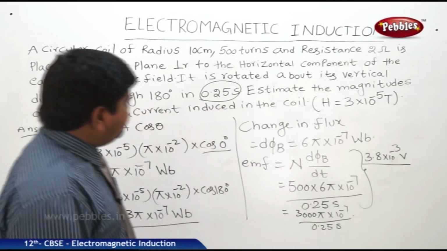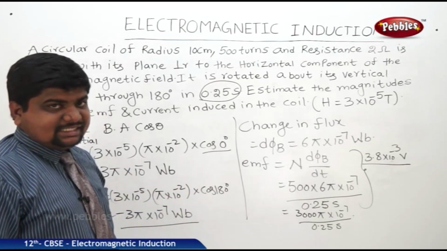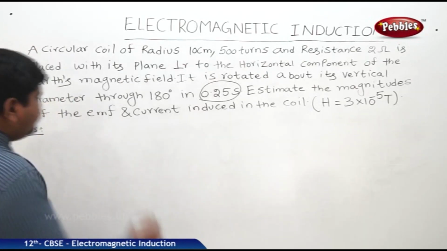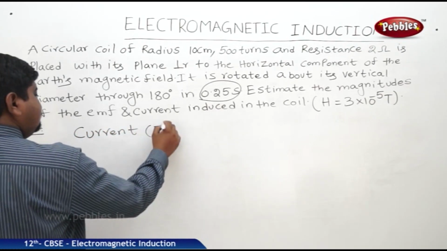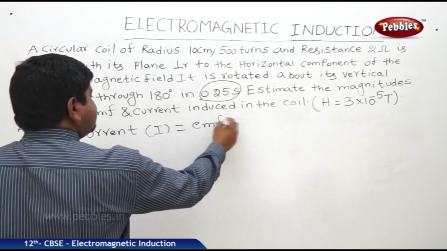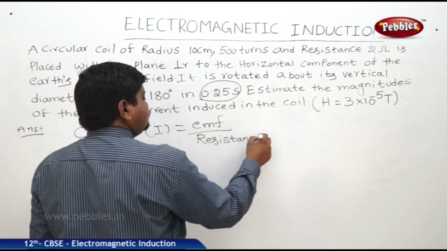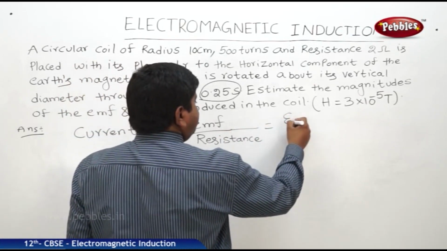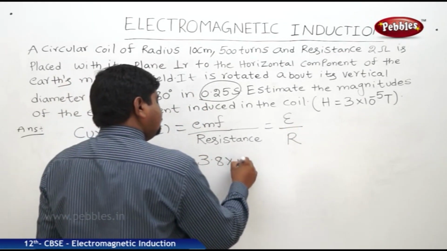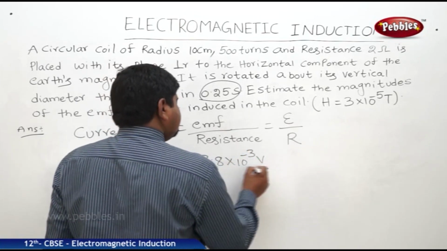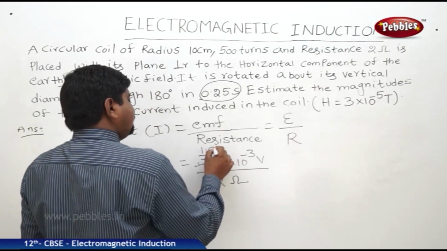That is EMF. But not only EMF, we should find out the current also. What is the current? EMF by resistance. So the solution will be like this. Therefore, current I is equal to EMF by resistance, E by R. E value we got 3.8 into 10 to the power of minus 3 volts by resistance 2 ohms. 3.8 by 2 is 1.9.